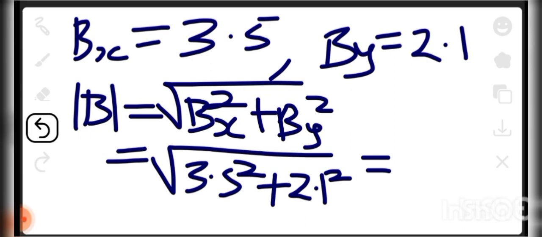If you do this with your calculator, you're going to have approximately 4.1 as the magnitude of B. This is the magnitude of B. Then they can ask you another one: what's the direction between vector B and the positive x-axis?